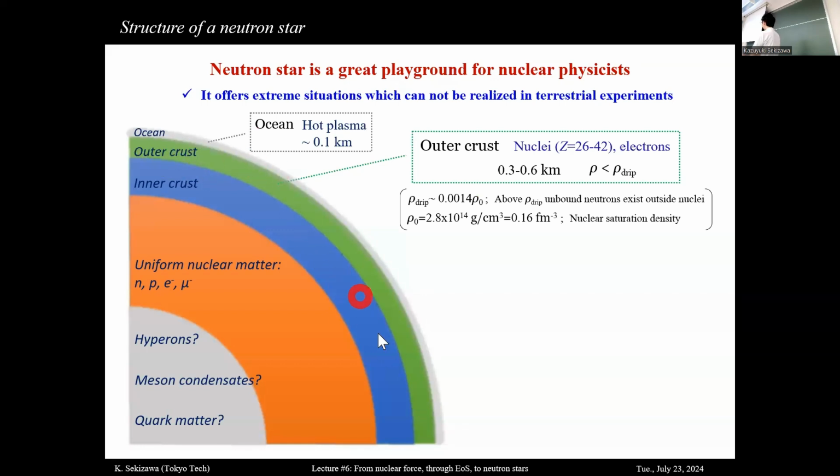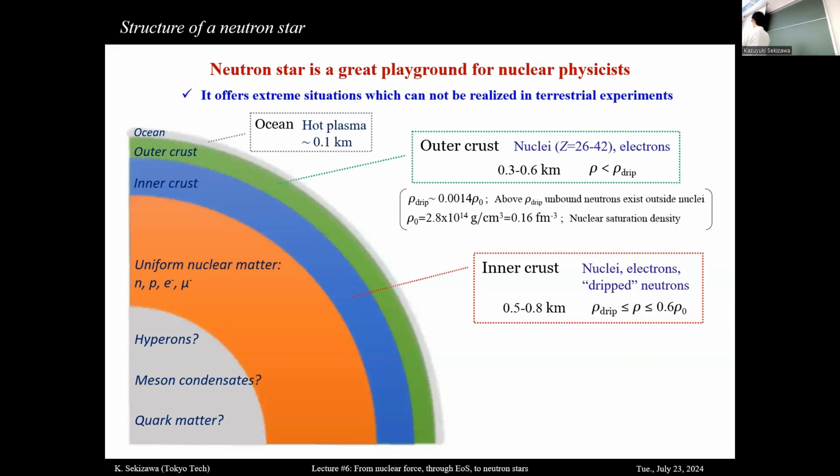So the matter becomes more and more neutron rich as we go into the deeper layer of the outer crust. Okay. And the depth is about several hundred meters.